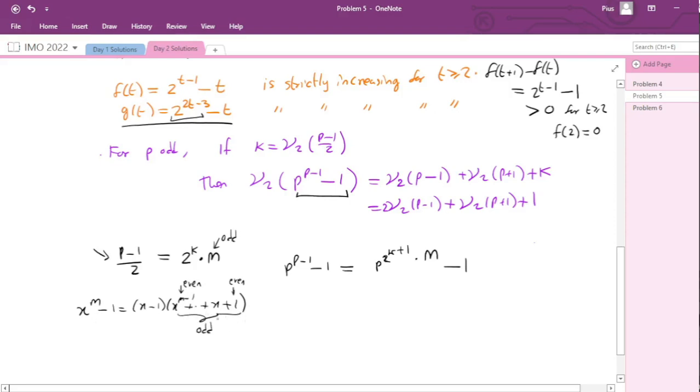Okay, so if x is also odd, then the sum of an odd number of odd numbers is going to be odd as well. And in this case, we can take x as p raised to power 2 raised to power k plus 1, which is clearly odd. So that will give us that the powers of 2 we can find here will all come from just x minus 1. So this means that if we take the 2-adic valuation at 2, it's just the same as restricting it to just this portion.